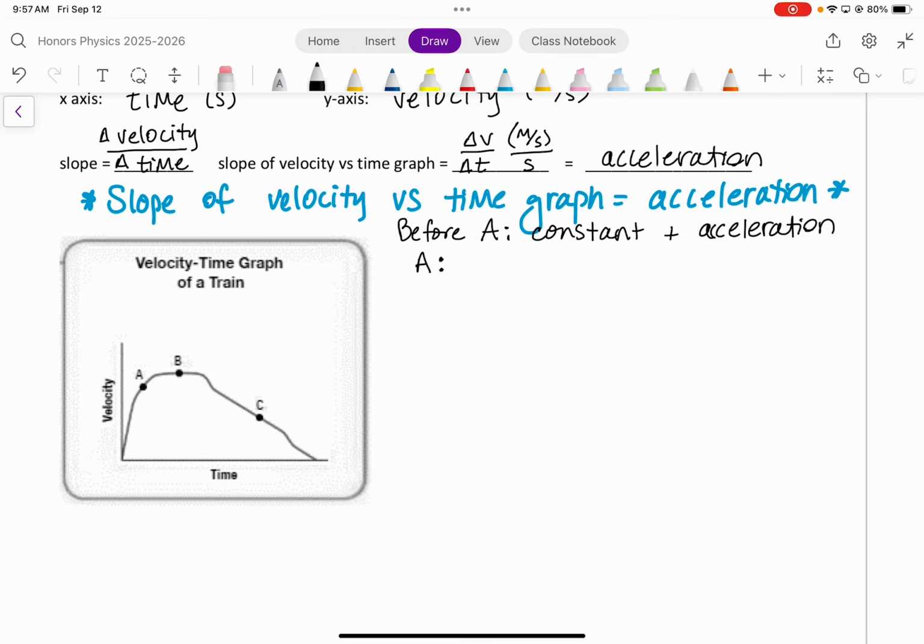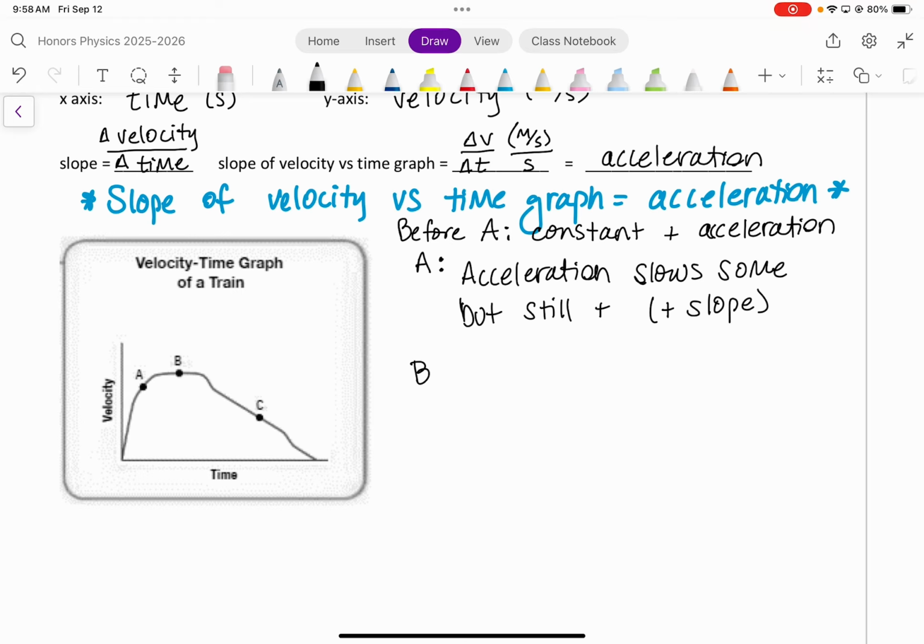Then at point A, what can we say about acceleration? Acceleration slows down some, but is it still positive or negative? Positive, because it has a positive slope.